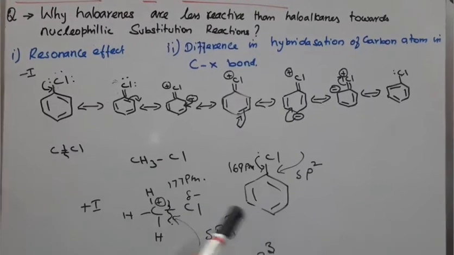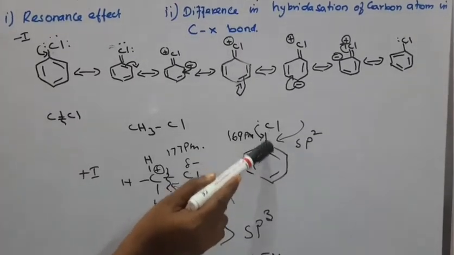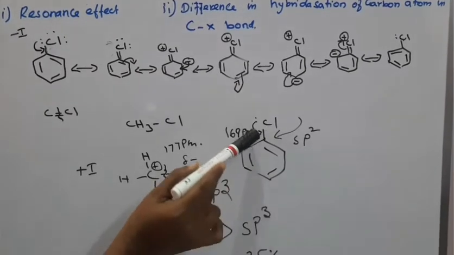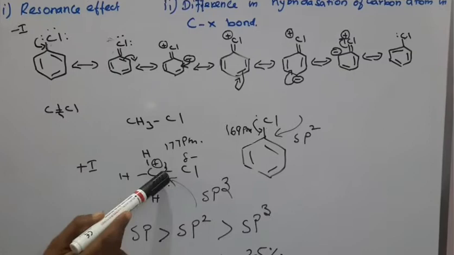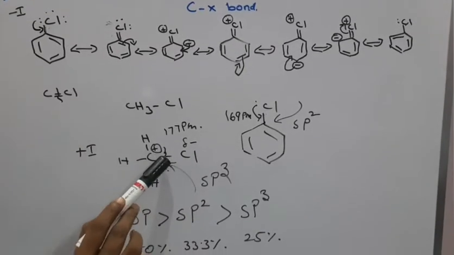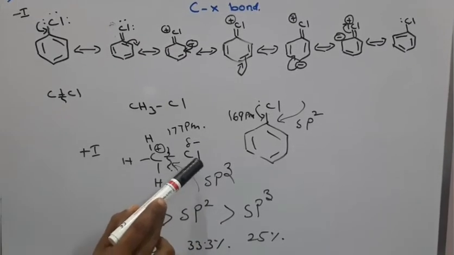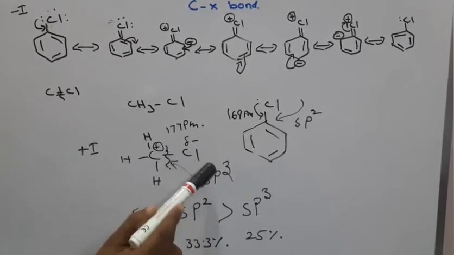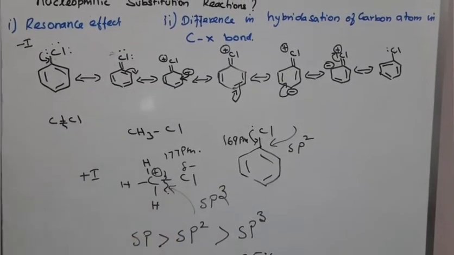Here sp2 hybridization, here sp3 hybridization. With sp2, the bond length is shorter and stronger, so we cannot split it up easily. Here it splits easily because the plus I effect keeps on releasing electrons, and so it easily releases this better leaving group and undergoes the chemical reactions.